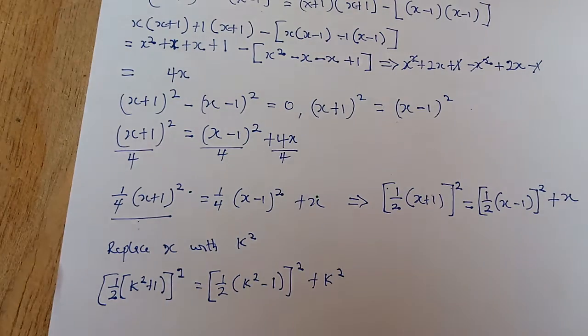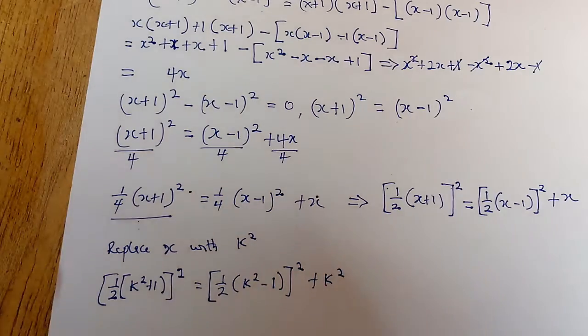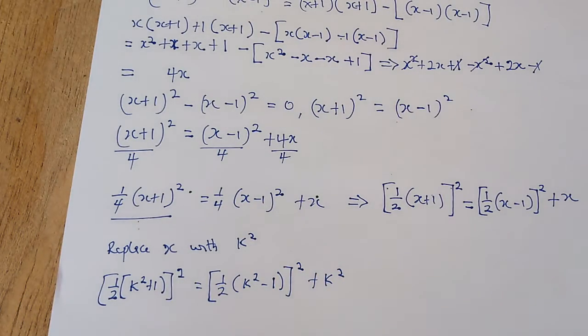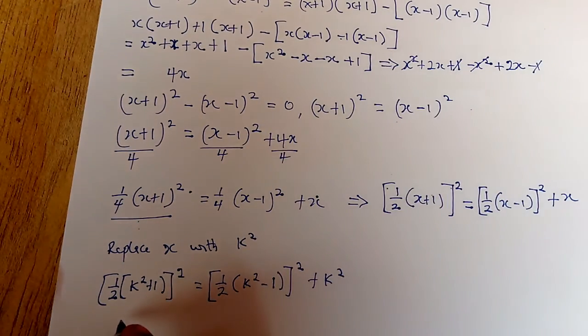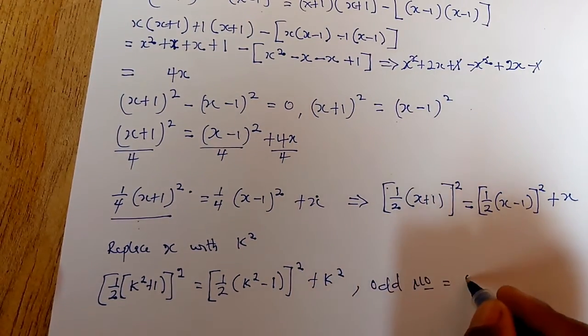So for us to get our Pythagorean triples, all that we need to do at this point is let's replace k squared by an odd number which is greater than 1, and let's take 3. So replacing k by an odd number greater than 1, let's take the odd number to be equal to 3.